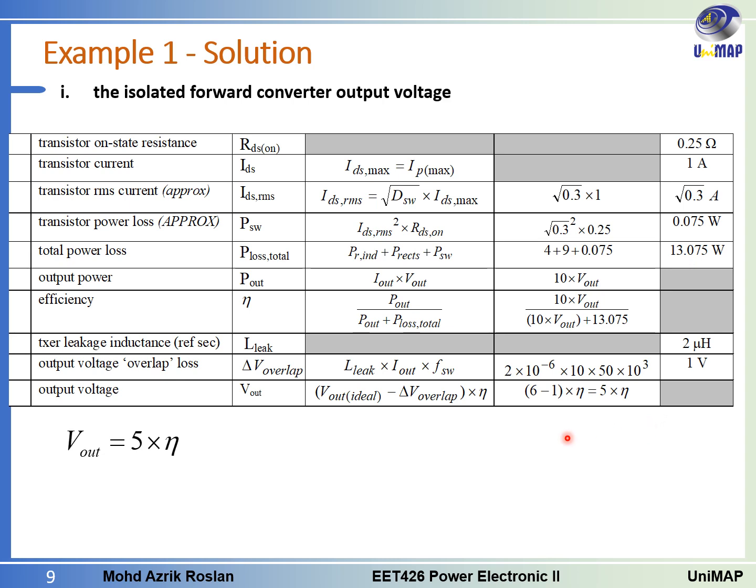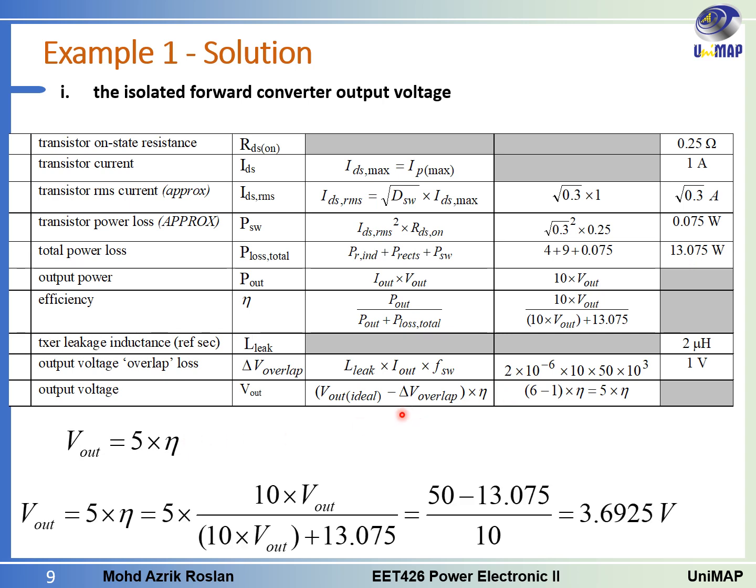And then we have the equation here, V out equals 5 multiplied by the efficiency, where 5 multiplied by efficiency is all of this equation here.